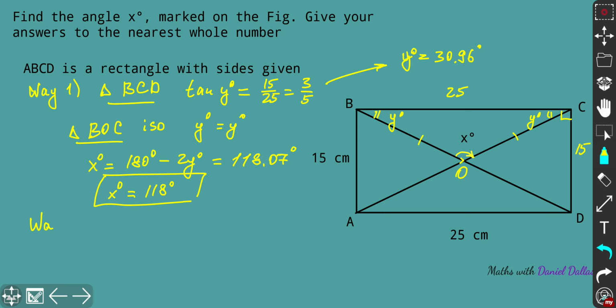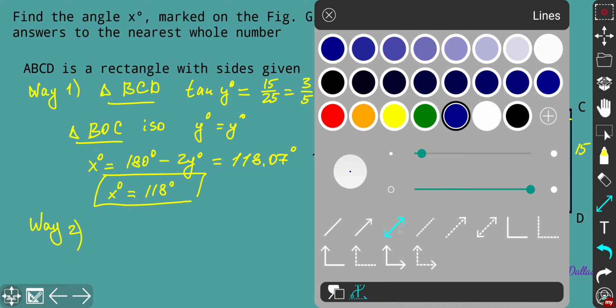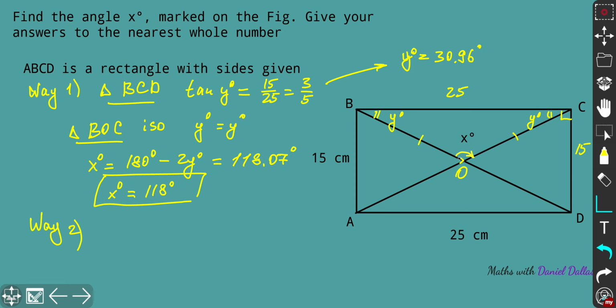So using the way 2, we can actually consider the half of the triangle. So let's put this line from there. So in this case, okay, I'll show it this way. So if I put perpendicular, but I put it down, yes.